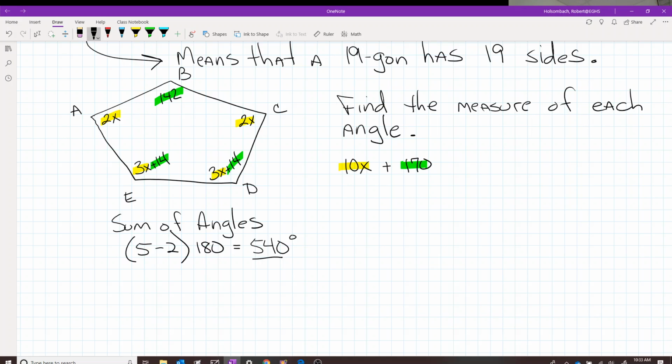So your 10x plus 170 has to equal 540. Now you can solve for x, substitute, and find the measure of each angle.